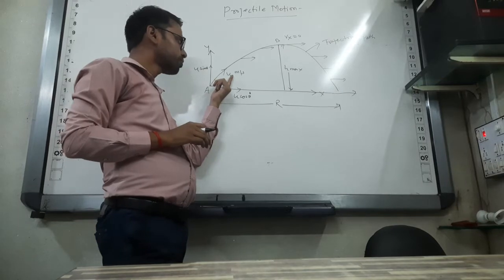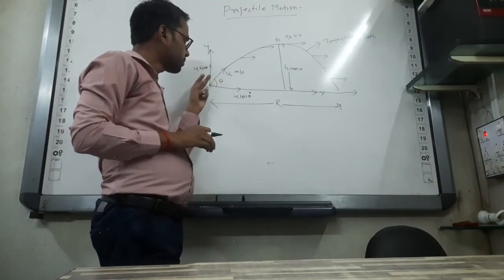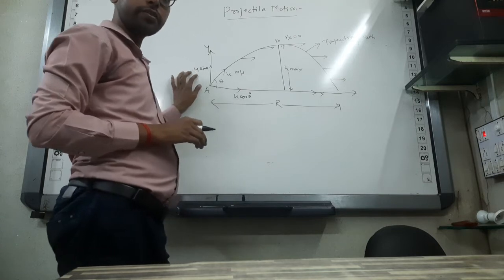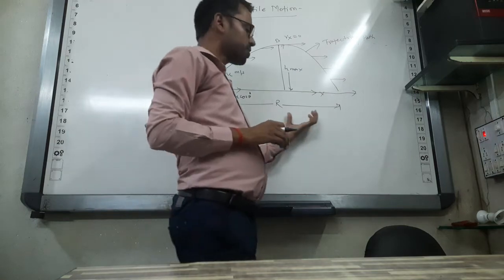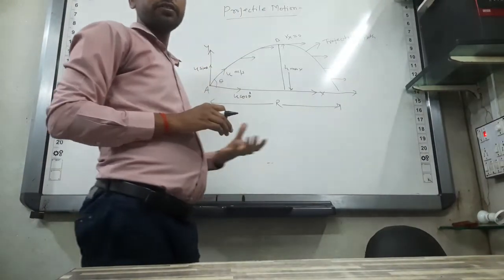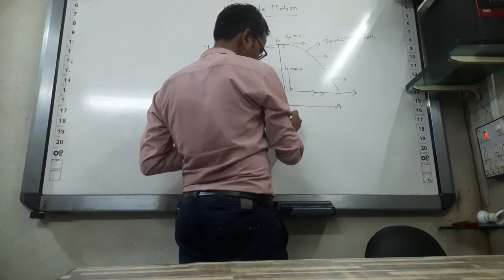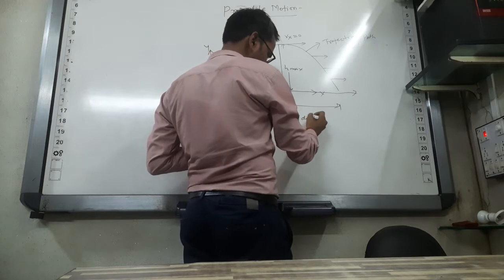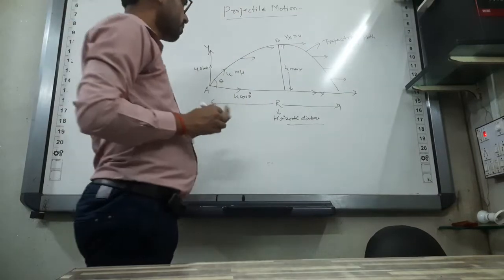The initial speed of the ball is u meters per second, and the angle between the ground and the initial velocity is theta. Then there are two components of velocity: u sin theta is the vertical component and u cos theta is the horizontal component. The maximum distance along the x-axis, the horizontal distance covered by the ball, is known as the range.